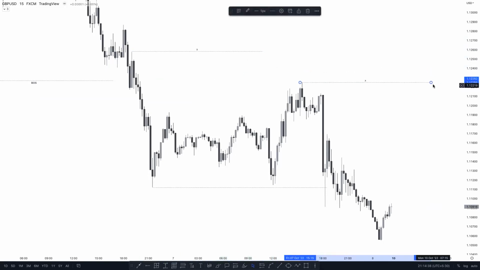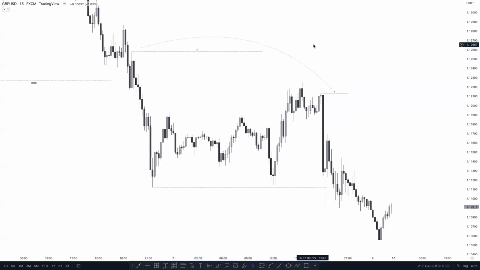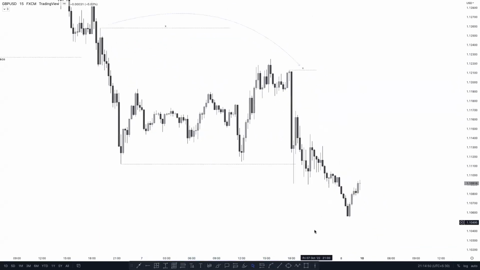Right? And technically here. So this inducement transfers from here to here, okay? And then we can see market again pushes downside, breaks this low. So our inducement transfers from here to here. Again, this lower low breaks this low, the next low is here.